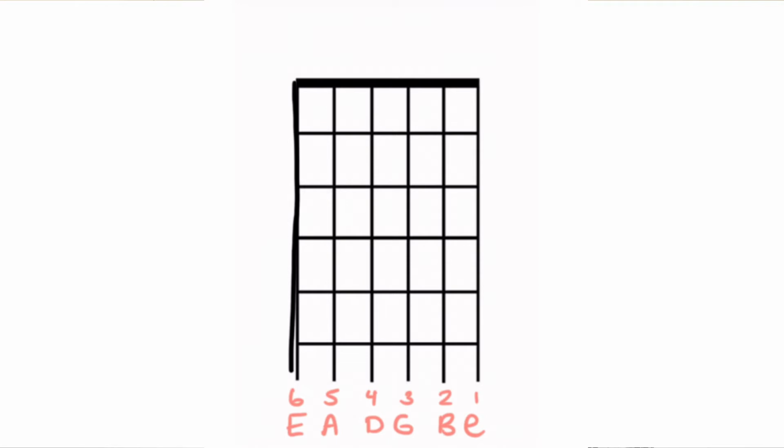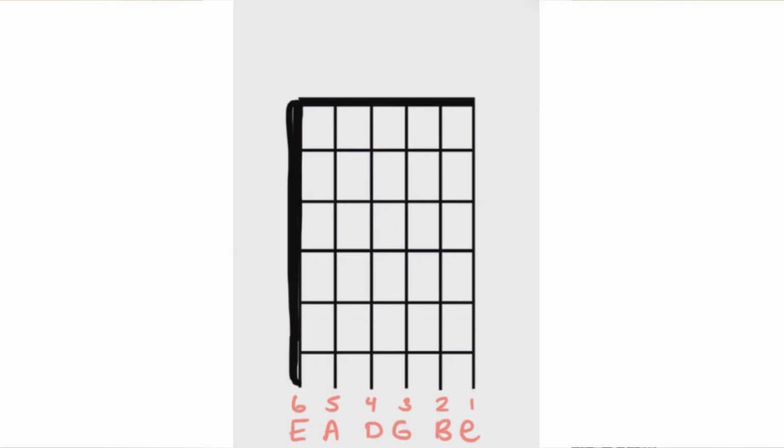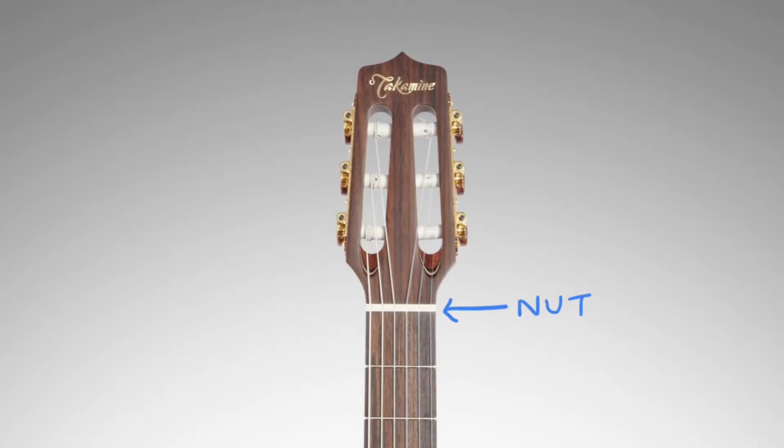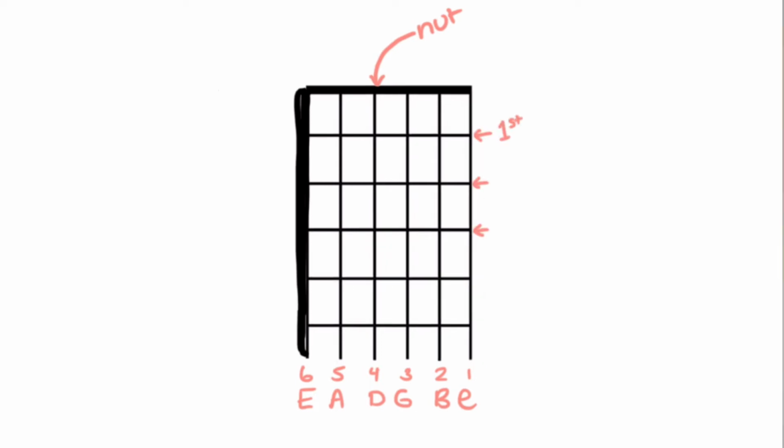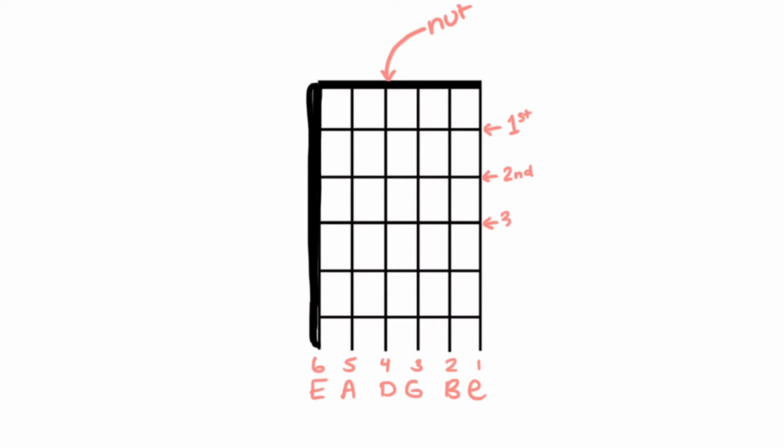All right, now we've got this other thick line right here. That is our nut. So based on that, what are our other parallel to the nut lines on a physical guitar? We've got our frets. So we've got our 1st fret, 2nd fret, 3rd fret, 4th fret. We're going to just cover open chords today, so that will be sufficient.